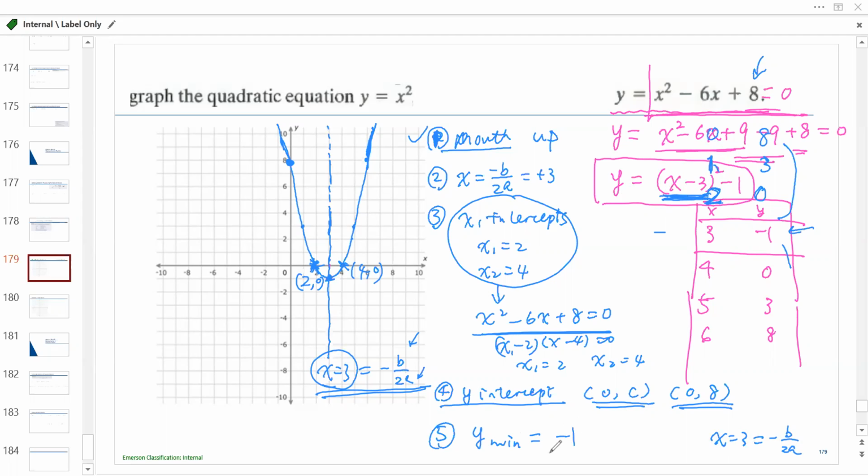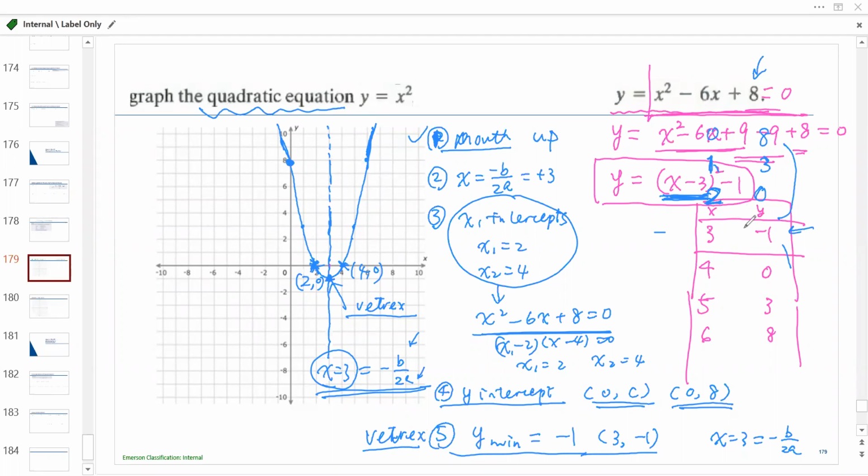So you get negative 1 here, right? Actually, exactly this point is what we call the vertex. So x equals 3, y equals negative 1. Vertex.